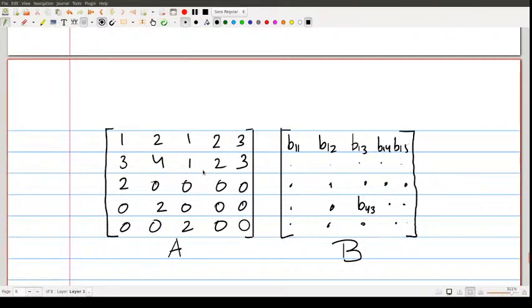Now notice that I've built this matrix in a special way. Actually, I'm going to change this a little bit. I'll make this 0, 0, 0, 0. Okay, so this is 2, 2, 2, 0, 0, 0. This is fine now.